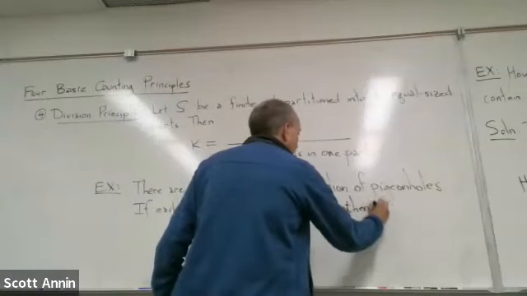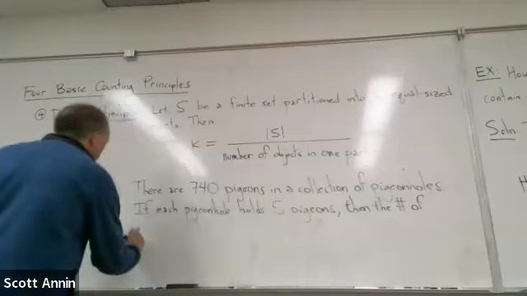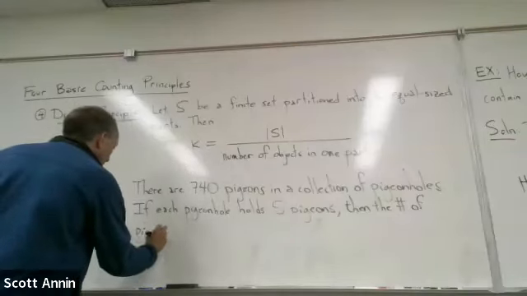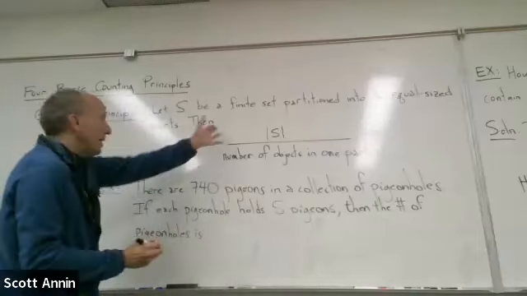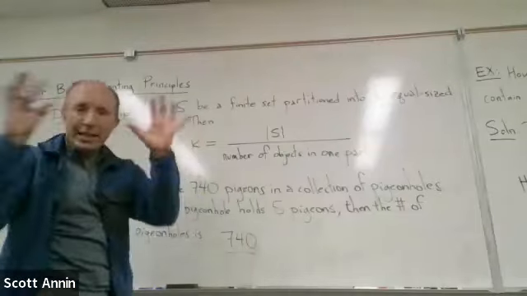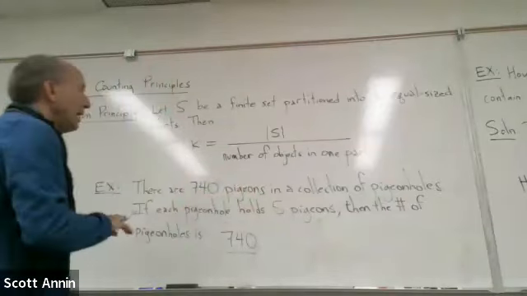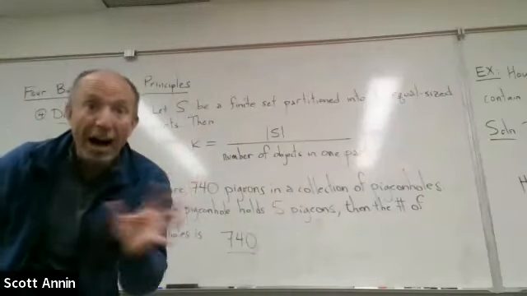So the number of pigeonholes is simply obtained by taking the total number of pigeons. We imagine these 740 pigeons, and we're placing them into various groups of 5.